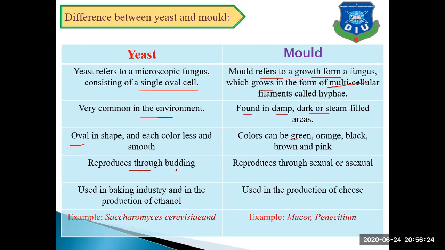Yeast mostly reproduces through budding, and mold reproduces through sexual or asexual means.